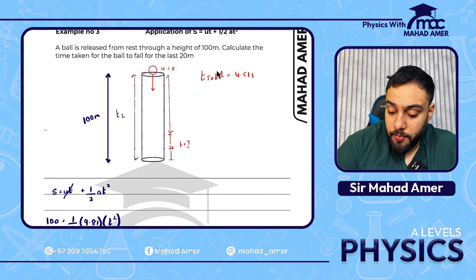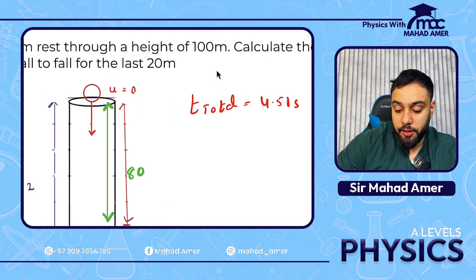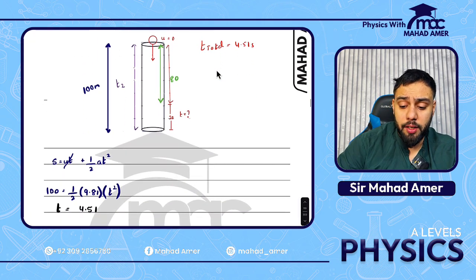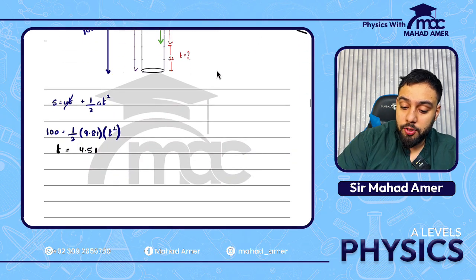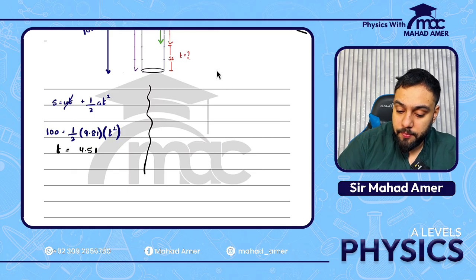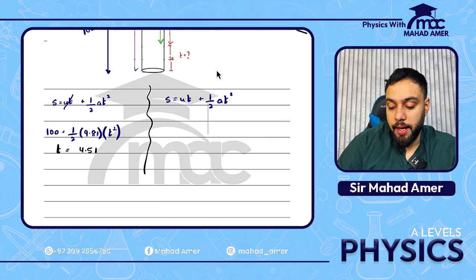Second, I get the time for the first 80 meters because the whole is 100 now. I can easily get the time of 80 because I've got initial velocity to be 0. So I'll be doing that. Stay with me. Again, S equals ut plus half at squared. S is going to be 80 now. Initial velocity is going to be 0.